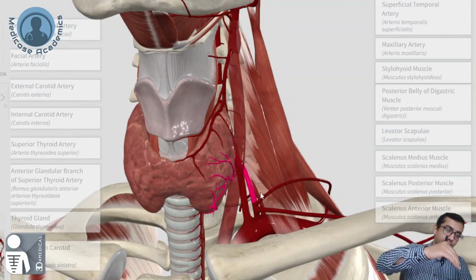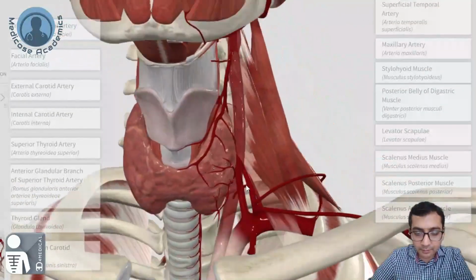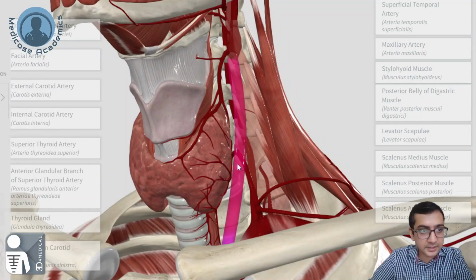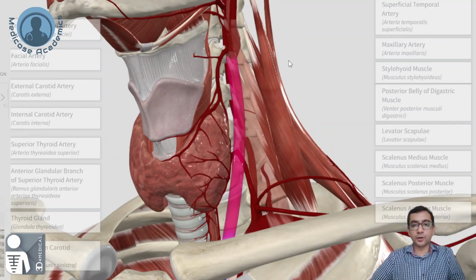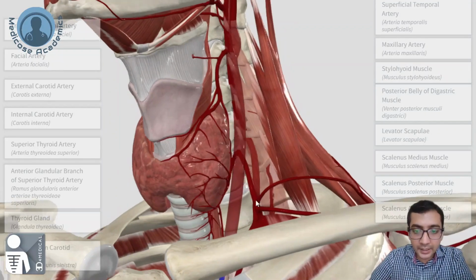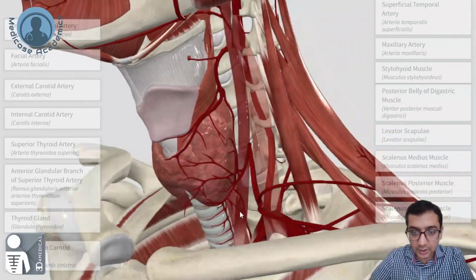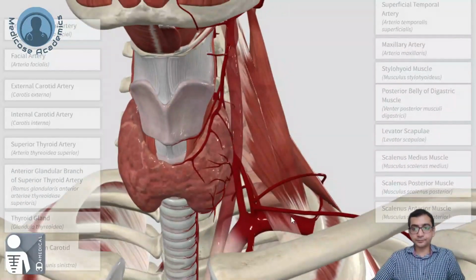It goes up and medially behind the thyroid gland, and it has a very important relation: it moves behind the common carotid artery. You will read the name of this artery when studying the posterior relations of the carotid sheath and carotid arteries. It loops and goes into the lower lobe of the thyroid gland. Then there are two arteries.